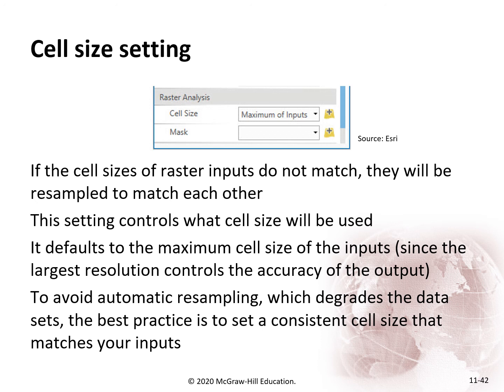So if you've got a 30 meter DEM and a whole bunch of 3 meter satellite data, ultimately you're going to want to work on the 3 meter scale or the 30 meter scale. And so you would probably want to go ahead and do that resampling of the 3 meter, whatever the stuff is, into the 30.